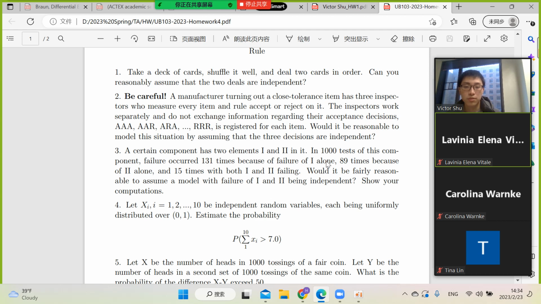And you plug in your numbers into that equation to see if that equation holds. In reality, the equation never holds exactly because here you just do some simulation, you do some experiment. But if that equation is very close to holding, then you have enough evidence to show independence.